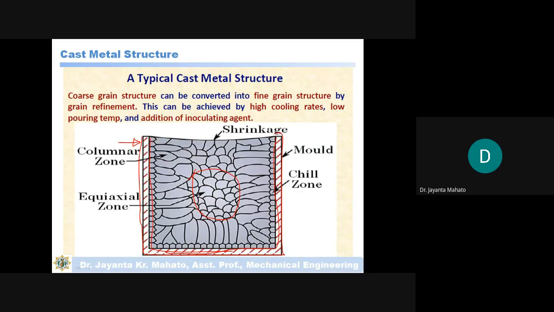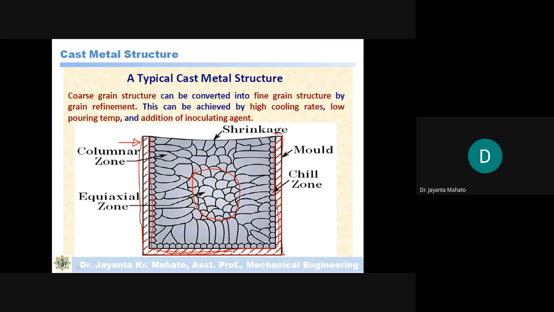This zone is called the equiaxed zone. So during solidification of molten metal in the mold cavity, three types of grain structure are formed.